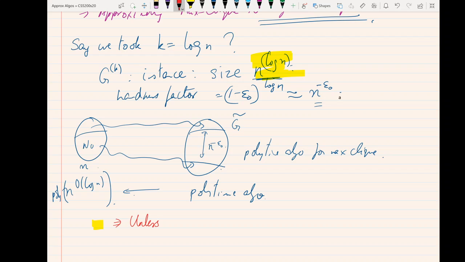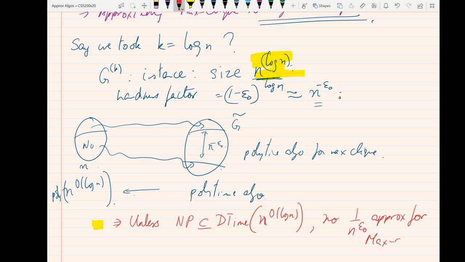So what we can say from this, if you think about it for a bit, is that unless NP complete problems have deterministic algorithms that run in n raised to order log n, there is no 1 over n raised to epsilon 0 approximation for max clique in polytime.